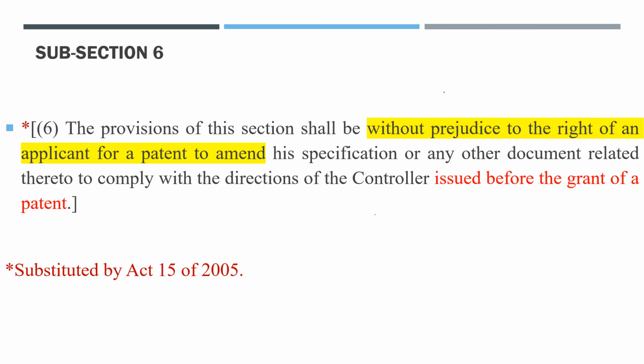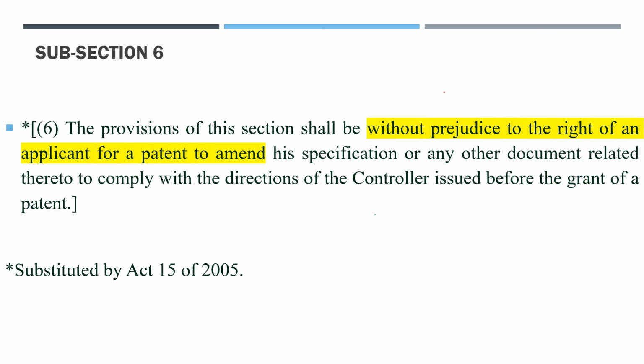The single star indicates that the whole subsection 6 is substituted by Act 15 of 2005, and for the details please refer to the Barrett. The key phrase here is without prejudice to the right of an applicant for a patent to amend. The important words in red are issued before the grant of a patent.